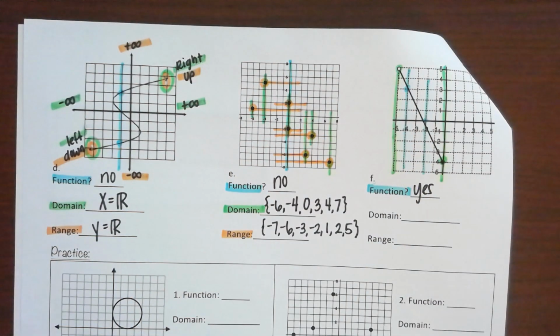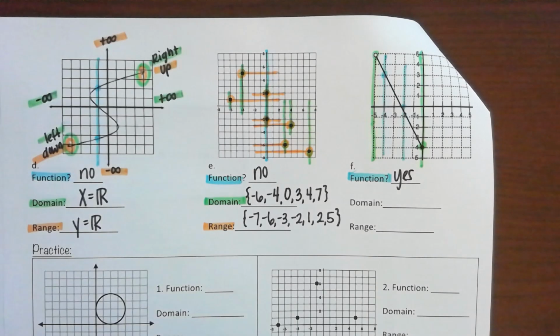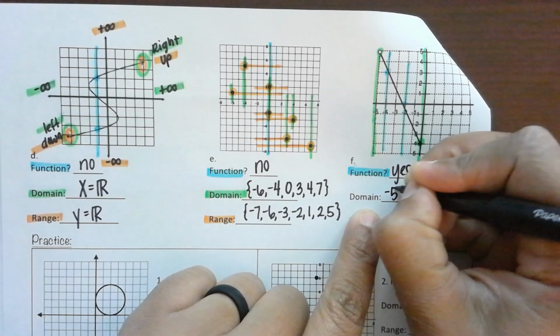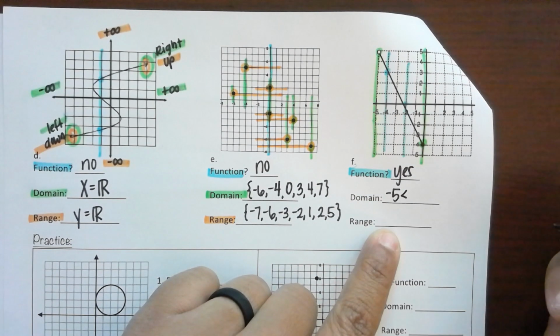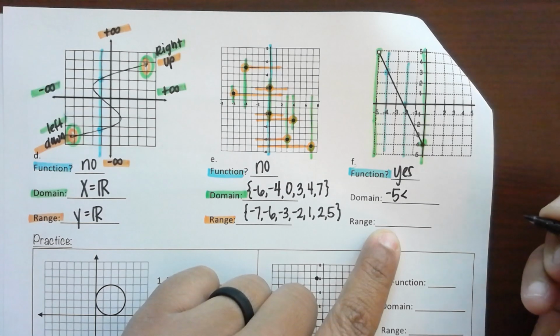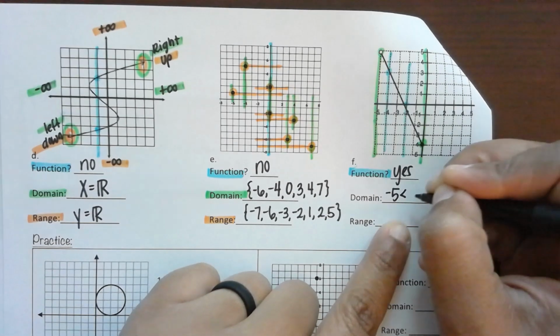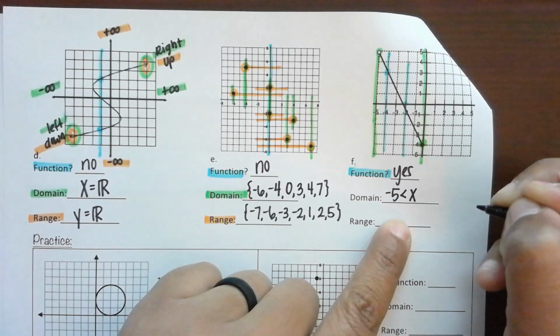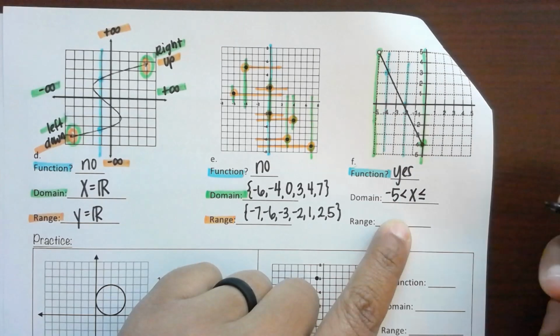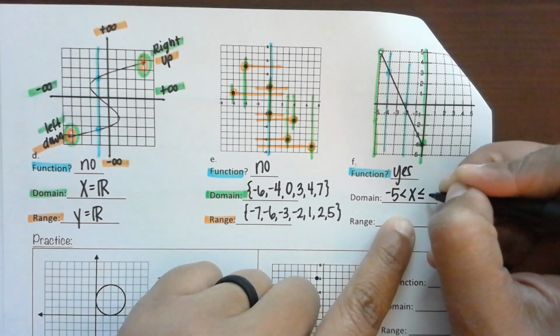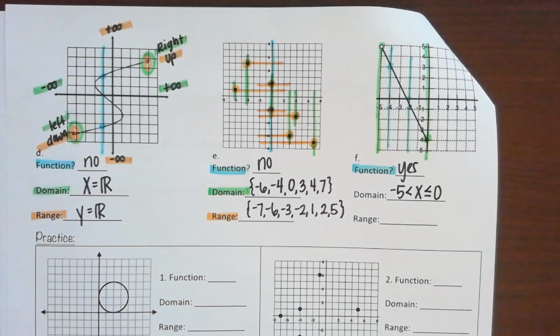So how would I write my domain? Why would it not be or equal to? Because it's an open circle. Then? Why is that one equal to? Absolutely. And then? Any questions there? Everybody good?